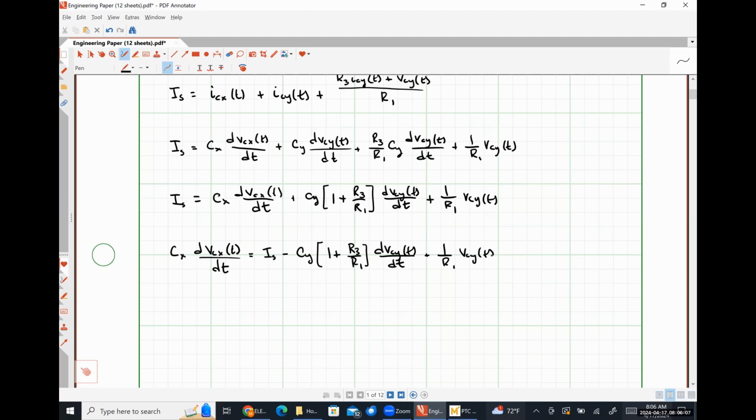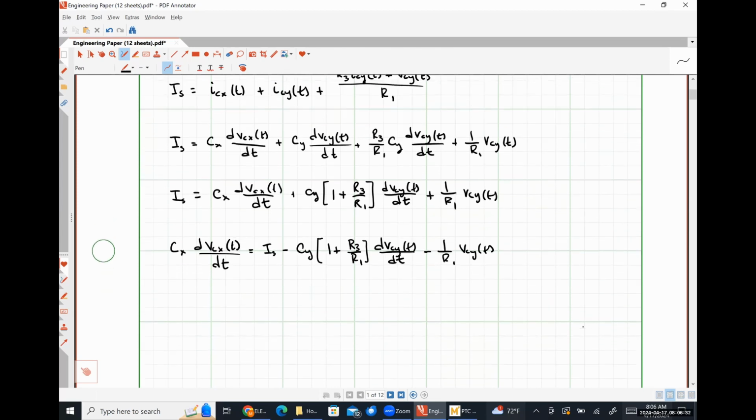Anybody notice any? Oh, I do. That should be a minus sign, because I'm moving this guy over on the same side as IS. So minus there, minus there. All right, so all that checks out. Anybody notice any other algebra mistakes really quickly before we move on to a KVL expression? All right, so that seems okay-ish.